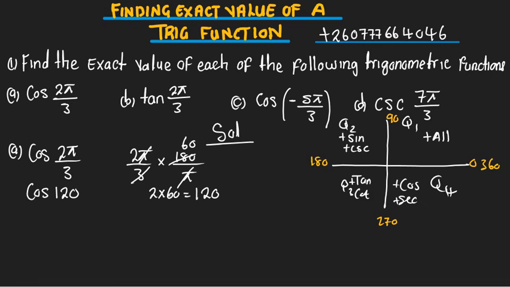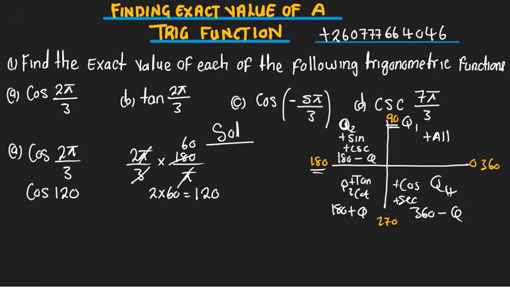You ask yourself this question. In the second quadrant, it's 180 minus theta. The third quadrant, it's 180 plus theta. The fourth quadrant is 360 minus theta. So now you discover that your 120 is falling between 90 and 180, so you are using the second quadrant.